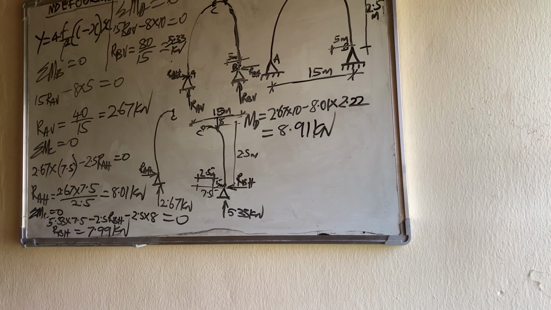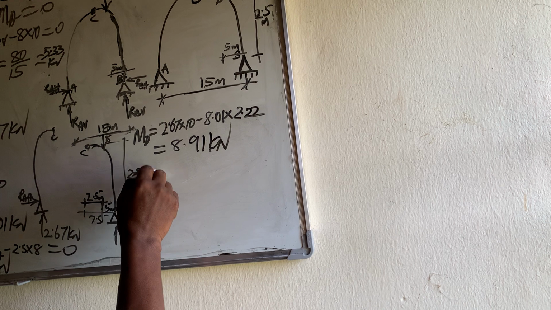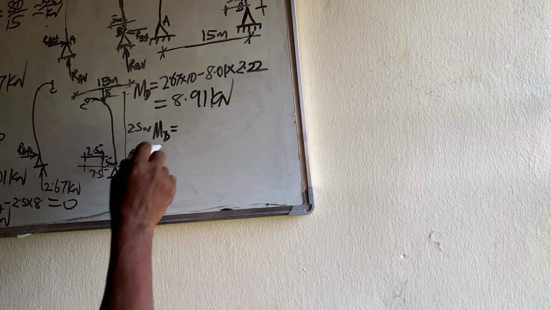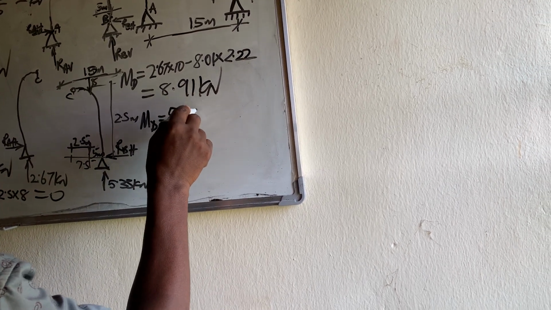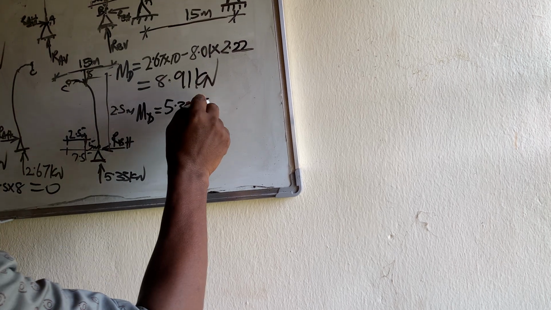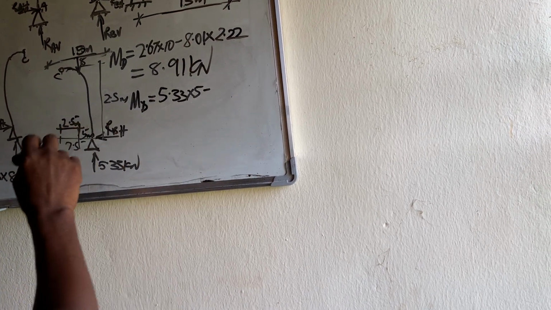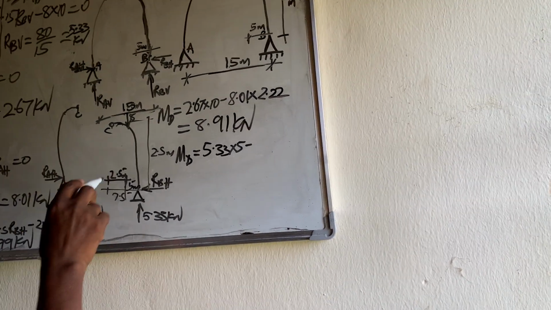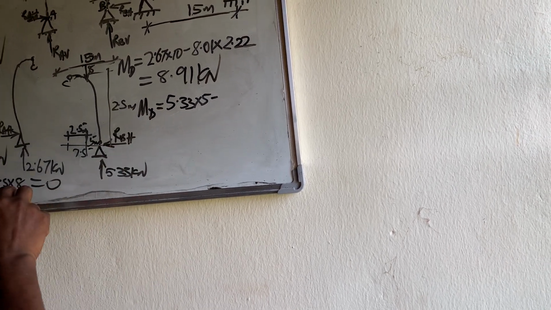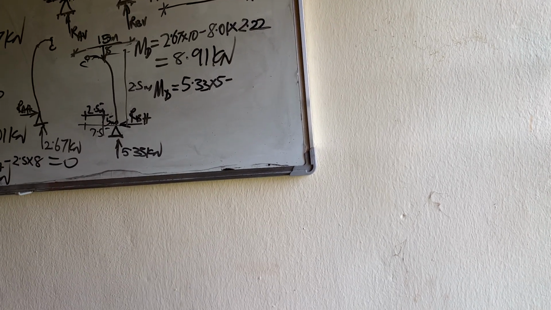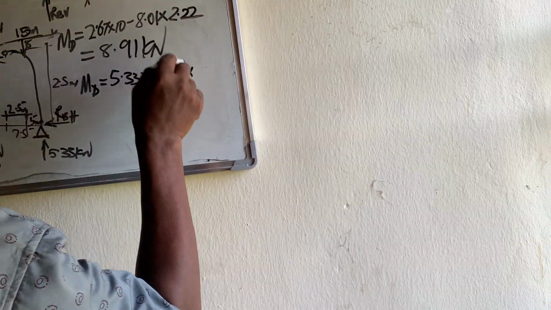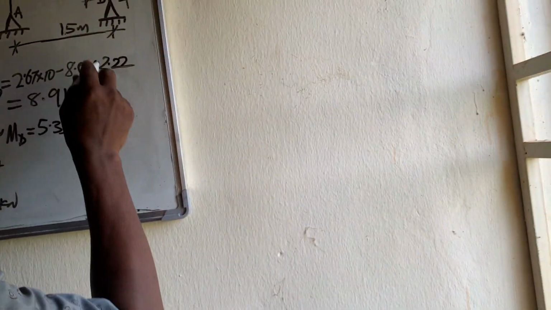The moment at D, starting from B, will be equal to RB vertical, which is 5.33, times the distance, which in this case is 5, it's not 10, 5, then minus RB horizontal, which is 7.99, times the distance to that point, that is 2.22.